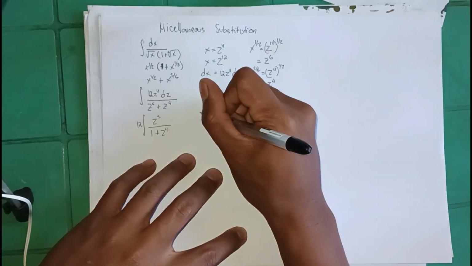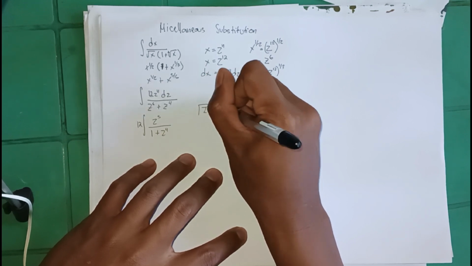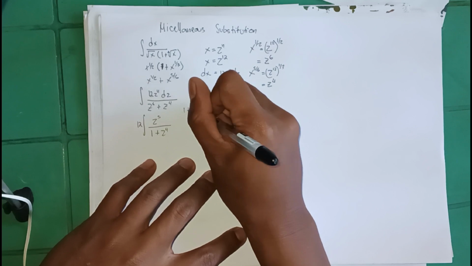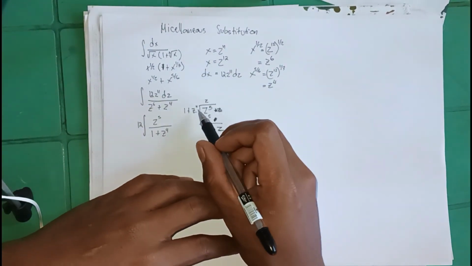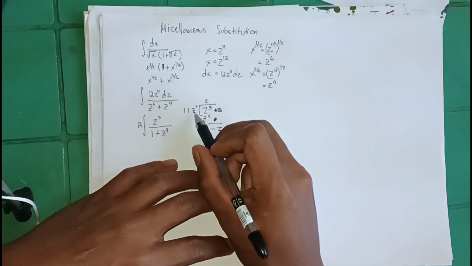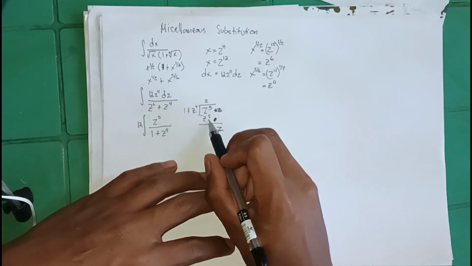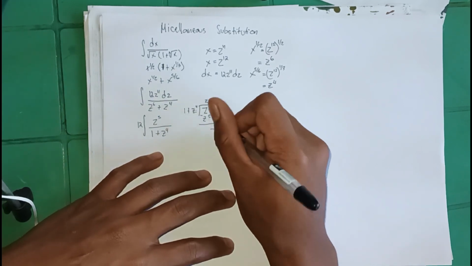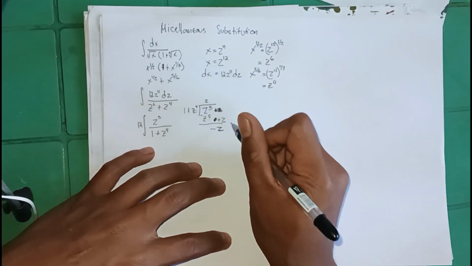So z raised to the power 5 divided by 1 plus z to the 4. So we can see that z times z to the power 4 is z to the 5. Z times 1 is also z.